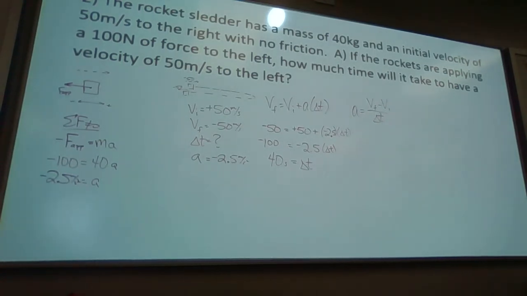Good with that? Okay, you see why I wanted to find which way is positive from the beginning. And that's an important detail in your setup.